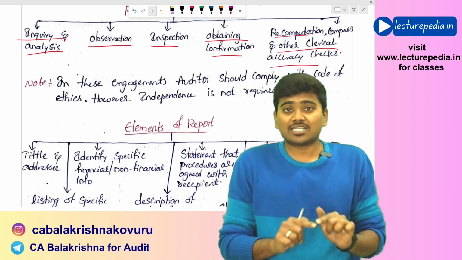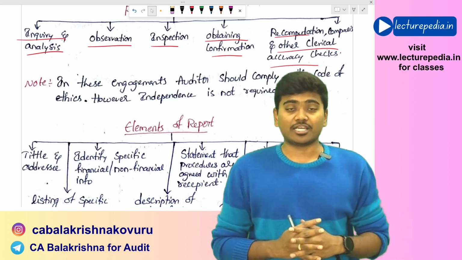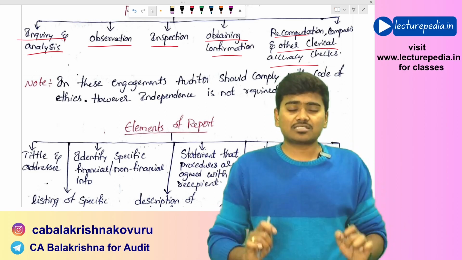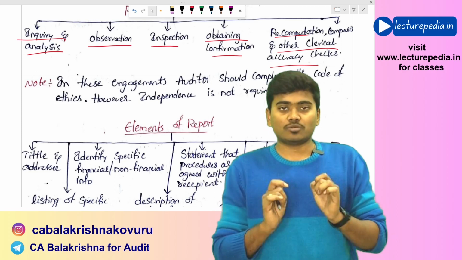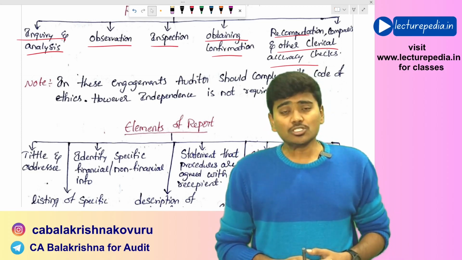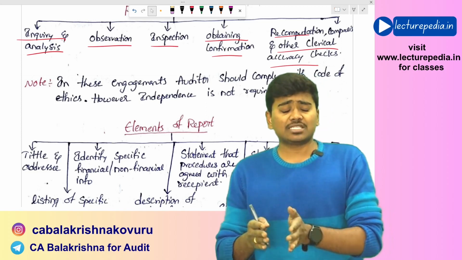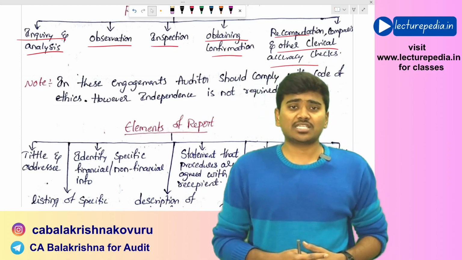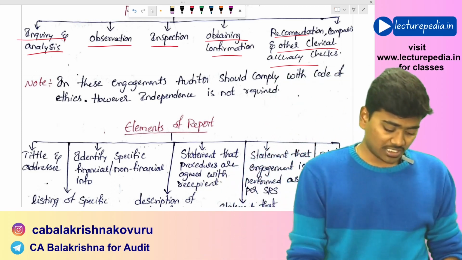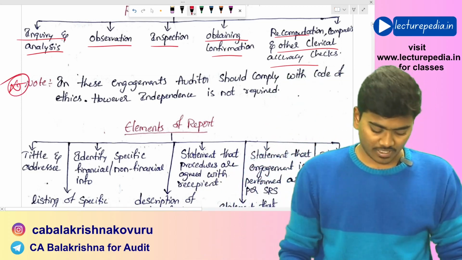Okay, the independence requirement need not be complied with here. Why? Because the auditor is not giving any assurance, he is just telling the facts that he has found during his procedures. So for performing this agreed upon procedure engagement, the auditor need not be independent. Hope that is clear. This point is important.